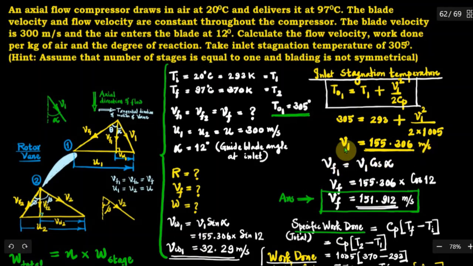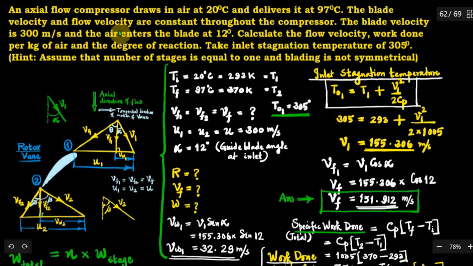Which is that velocity component? It is the absolute velocity of air at inlet, and its axial component is Vf1. See the axial flow velocity component of V1. So here if you consider the inlet velocity triangle, you can connect the V1 and Vf1.